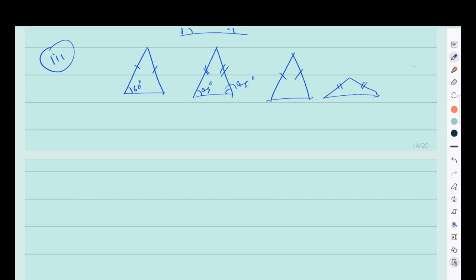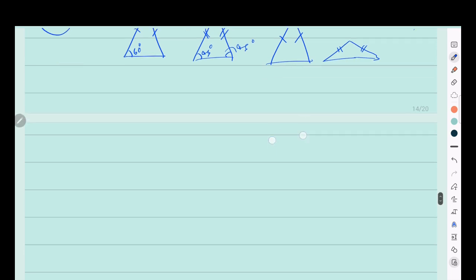What about all equilateral triangles? Are they similar or not? Yes, all equilateral triangles are similar, because in an equilateral triangle all sides are the same. Here also the length of the side may be different. For example, here the length of the sides may be 4 centimeters, and in this triangle all sides may be 10 centimeters.